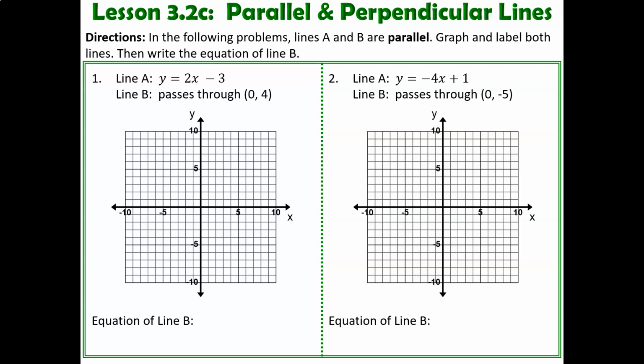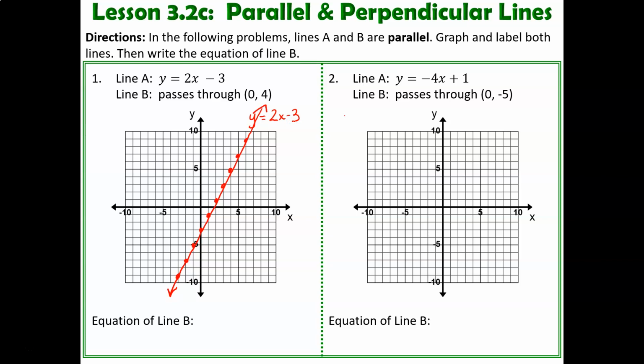Okay, so we are going to graph A. So it's y equals 2x minus 3. So we're going to start here at negative 3, and our slope is up 2 over 1. Okay, so this is y equals 2x minus 3.